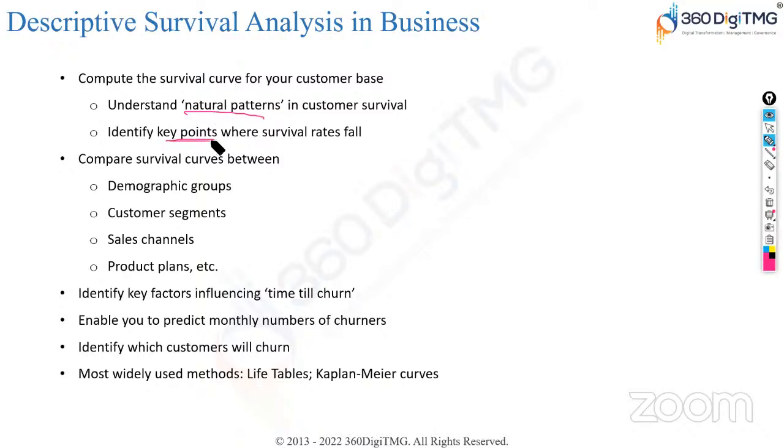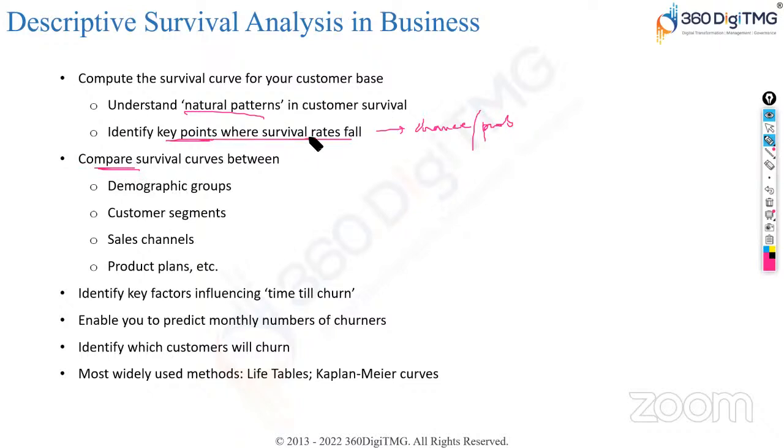And we need to identify at what time point, in that duration that we are analyzing, the survival rates might fall down. Remember, survival rate is nothing but the chance or probability. So you are looking at the fall in the probability at a specific duration, and we're trying to analyze why such a fall. We try to compare the survival curves that we are going to create.